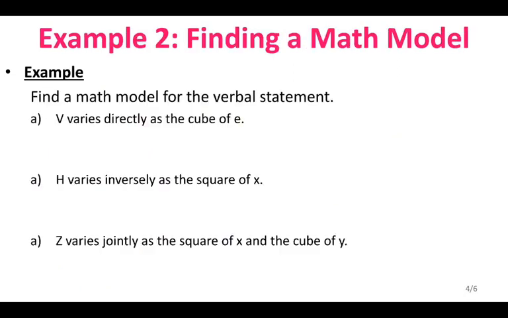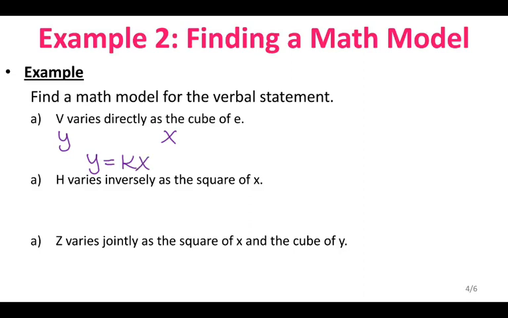For the second example, finding a math model, once again, we're trying to find a mathematical model of variation for these verbal statements. So letter A, it says V varies directly as the cube of e. So normally when you read direct variation, it'll say y varies directly as x. So y varies directly as x. So then that would be the equation y equals kx.